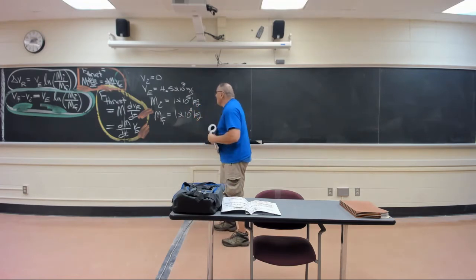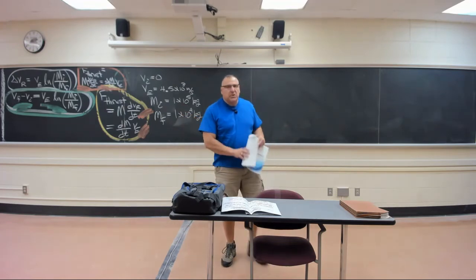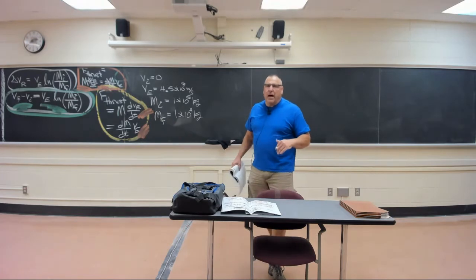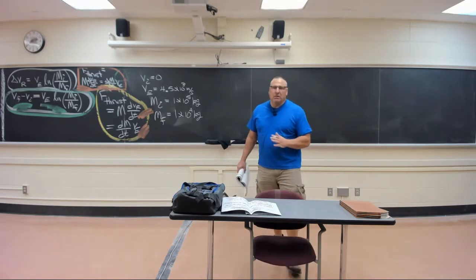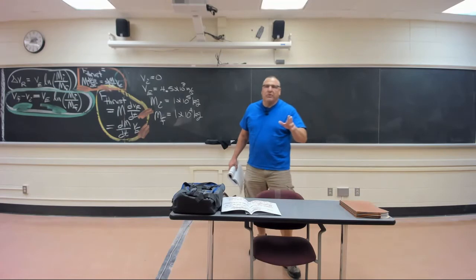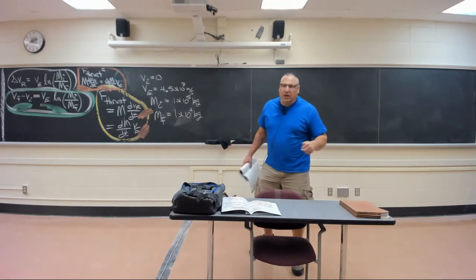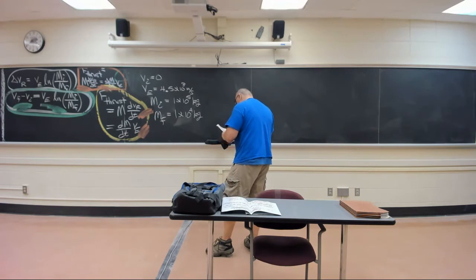What is that? This is 100,000. This is 10,000. The difference between 100,000 and 10,000 is 90,000 kilograms have been expelled. From 100,000 kilograms to 10,000 kilograms, that's 90,000 kilograms expelled.